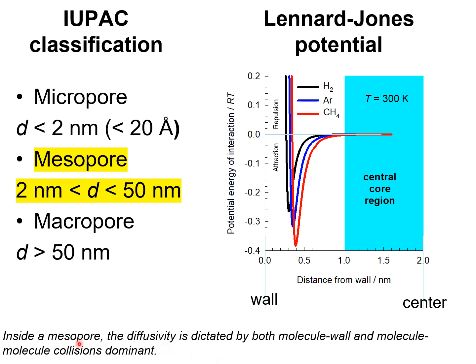Therefore, the description of diffusion inside mesopores requires us to determine the contributions of molecule wall collisions to the diffusivity, and also the contributions of molecule collisions to the diffusivity inside the pores.